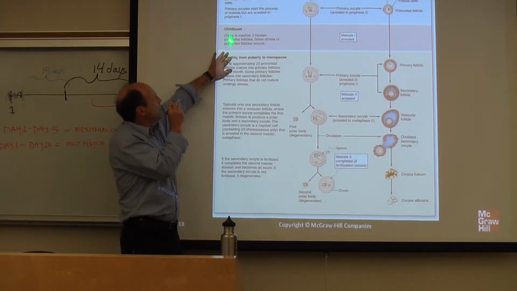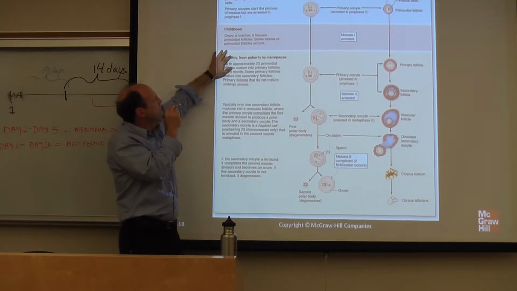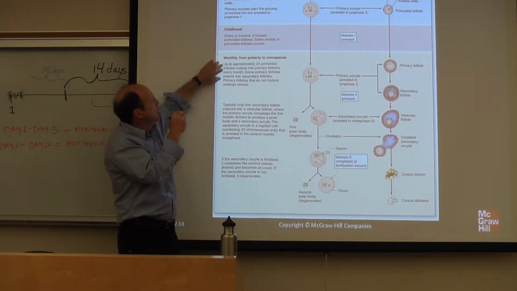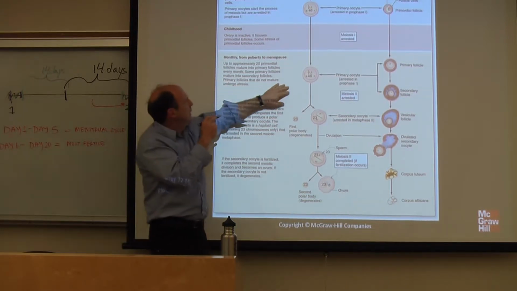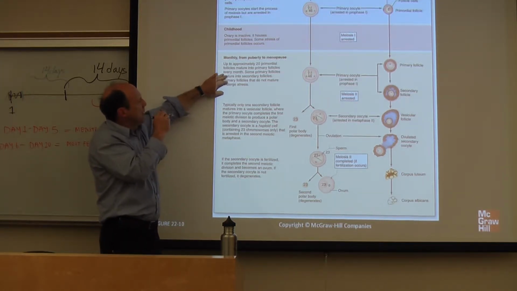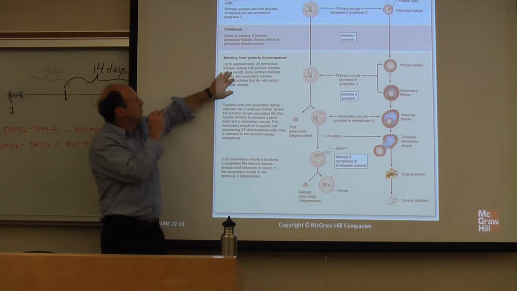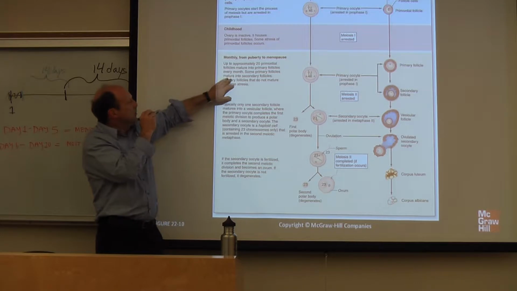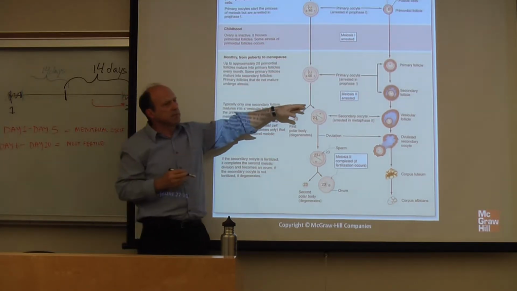So there's a checkpoint here in early childhood where meiosis is actually stopped, and nothing happens with these cells until puberty. And then at that point, you're going to start to mature these oocytes, but you're going to mature them at a rate of approximately 20 primordial follicles that start to mature into primary follicles every month.